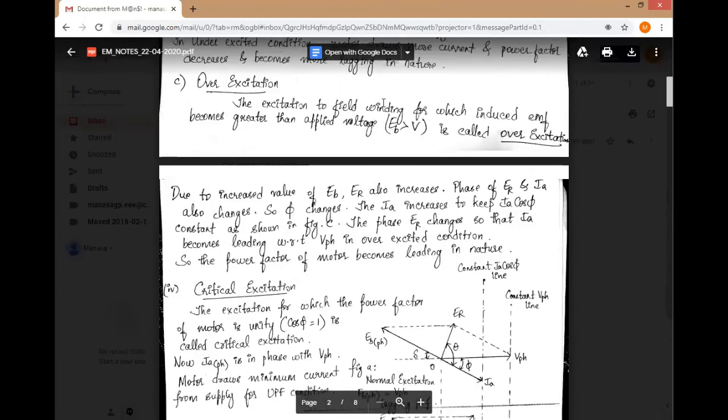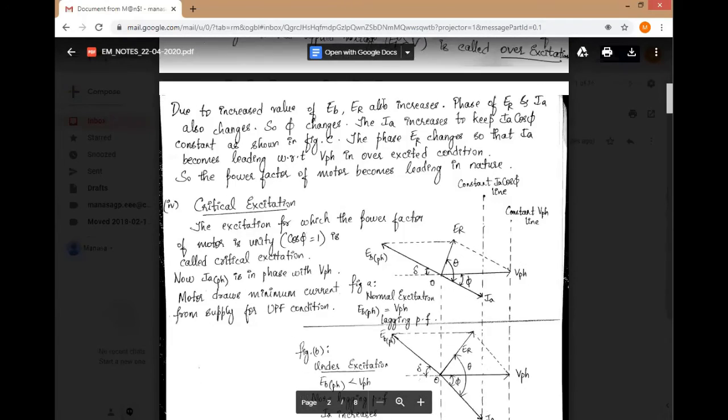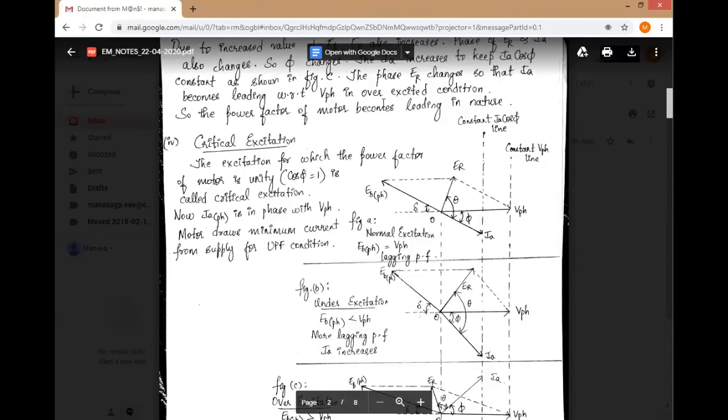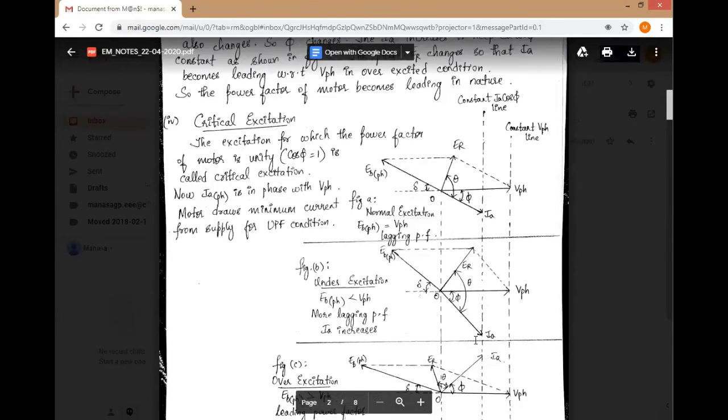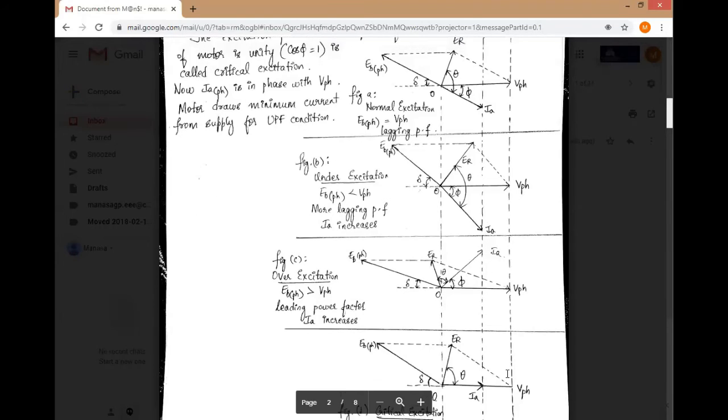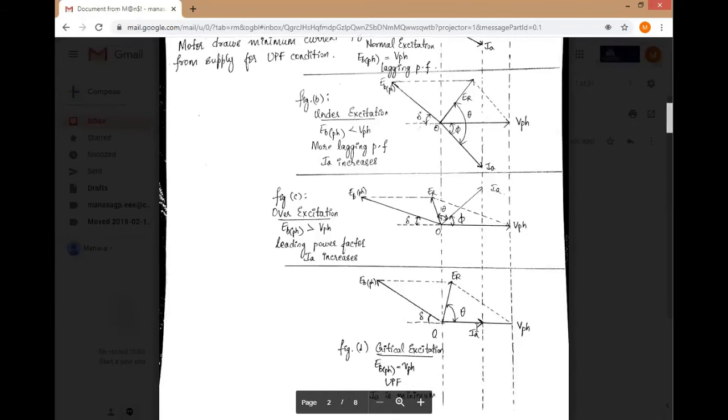And then is critical excitation. This is the excitation where you adjust the current to the field winding in such a way as to adjust the power factor of the synchronous motor to 1. So cos phi is 1, unity power factor. The phase difference between current and voltage will be 0, so they are basically in phase. In this case, there is no phase difference between voltage and current, and you get unity power factor.